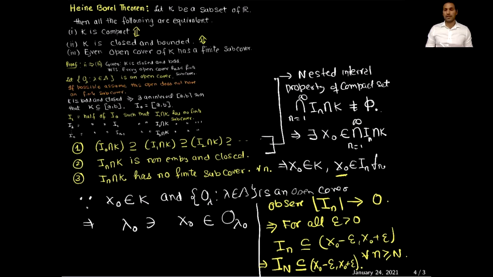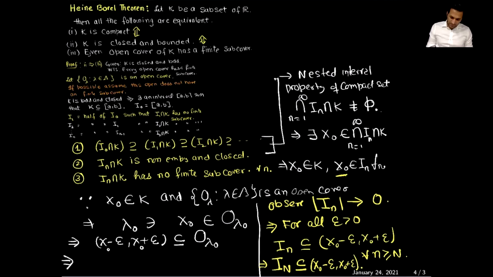And also notice that since epsilon is an arbitrary number, we can take it so small that (x0 minus epsilon, x0 plus epsilon) fits into that open set O lambda 0. That is because epsilon can be chosen as small as possible.